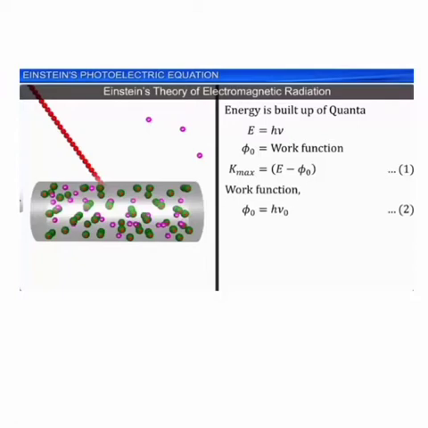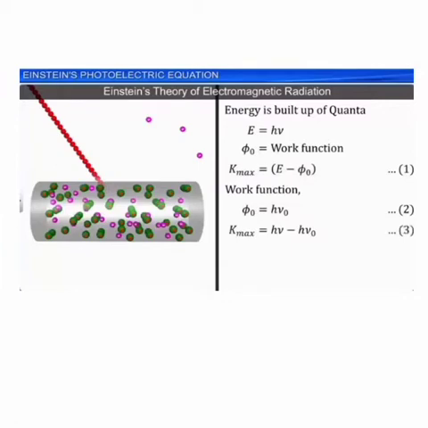Substituting the value of phi naught from equation 2 in equation 1, we have the maximum kinetic energy of ejected electrons, K max, equal to h nu minus h nu naught, since E equals h nu.